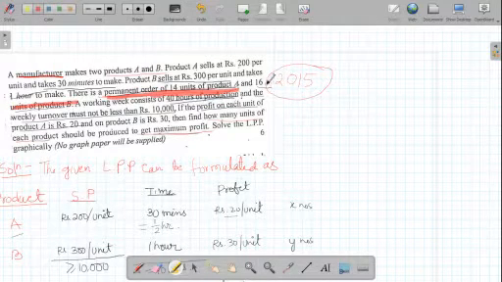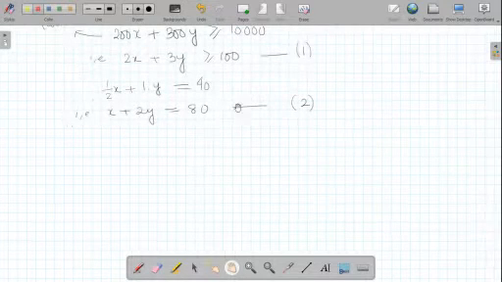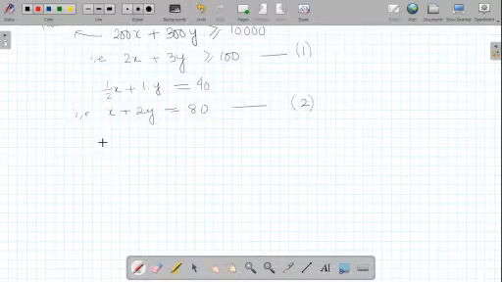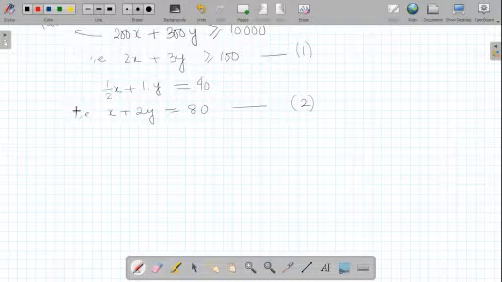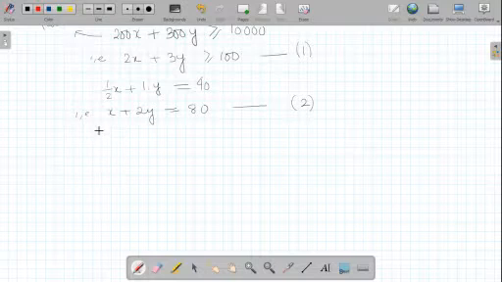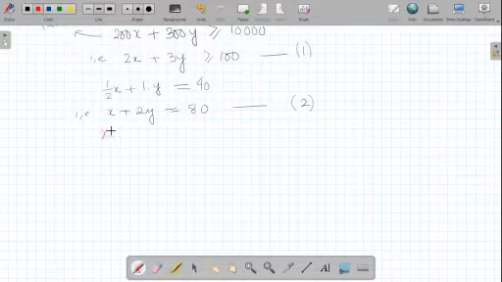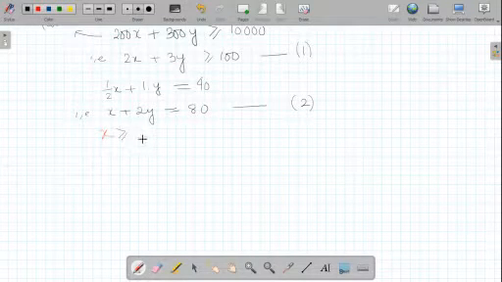See here, 16 units. Okay, so we can write here x greater than 0 and y greater than 0. Here we will have x permanent order of how much? X is greater than or equal to 14.